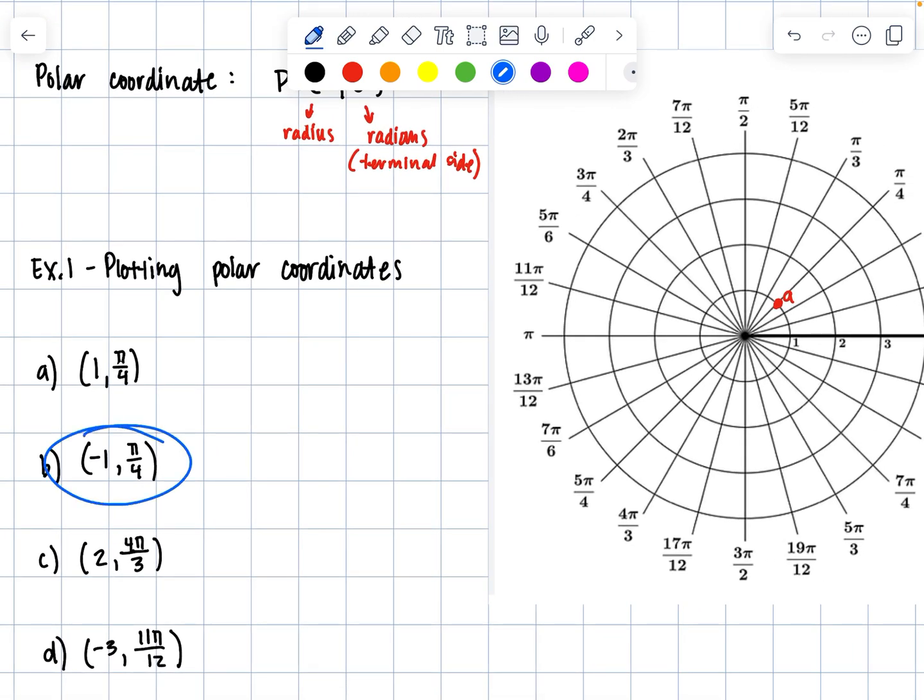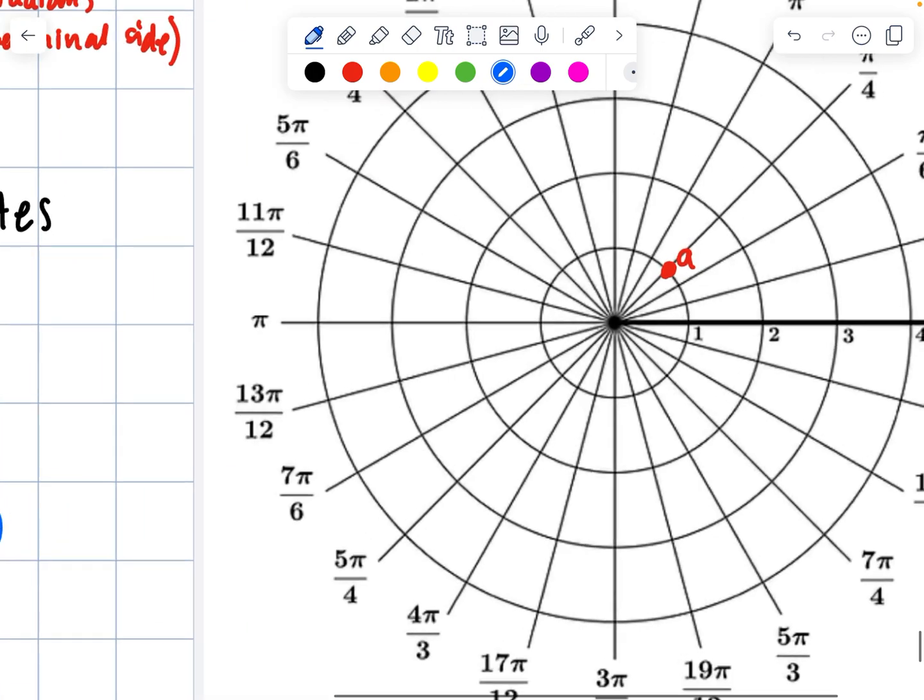This (-1, pi over 4) is actually the opposite of (1, pi over 4). So it still has a radius of 1. What we're going to do is go to where this coordinate is and go in the opposite direction, because of the -1, of (1, pi over 4).